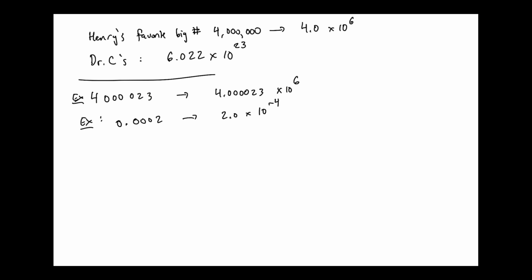But we can have negative powers just like we can have positive powers. Okay, and this is what allows us to precisely or compactly write down really, really tiny numbers. So if we find some really tiny number, let me see.